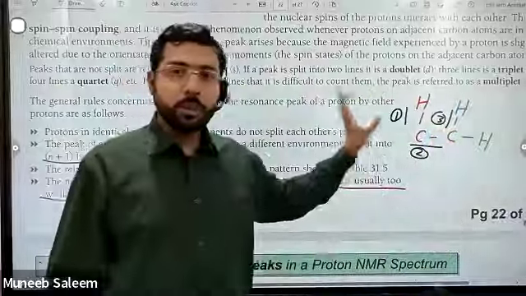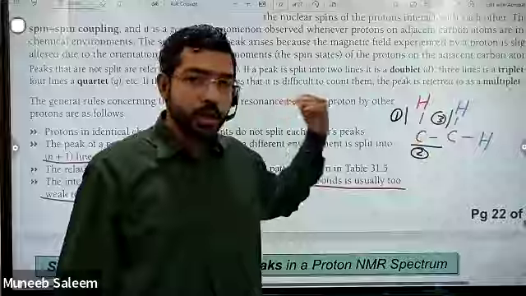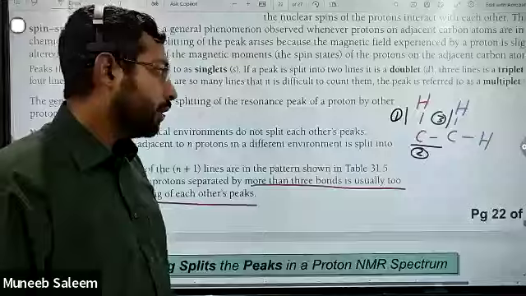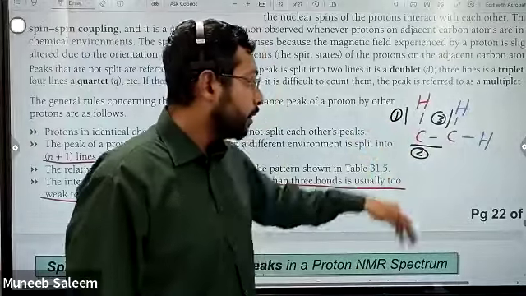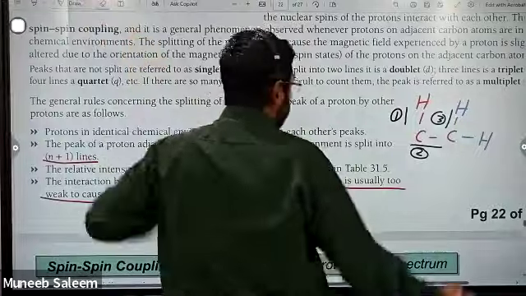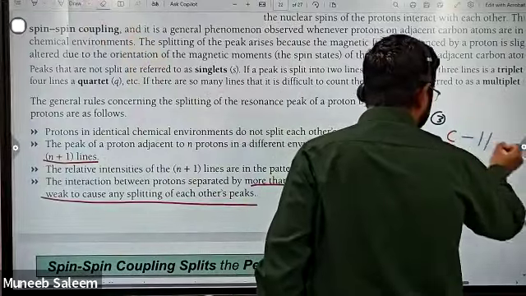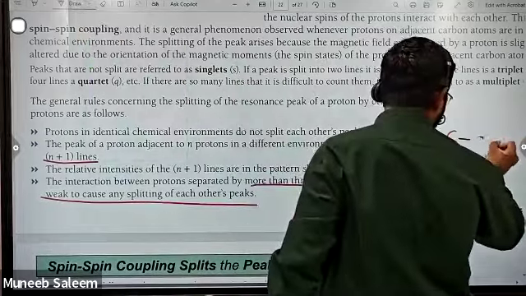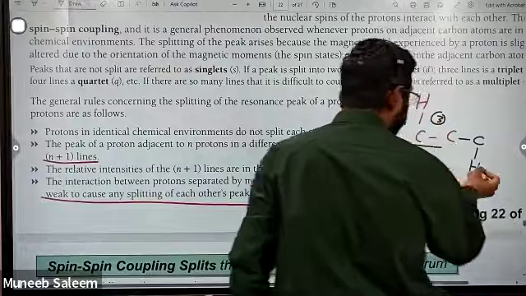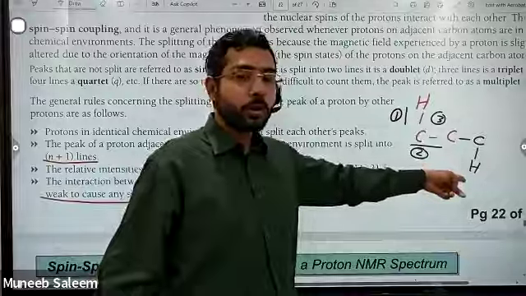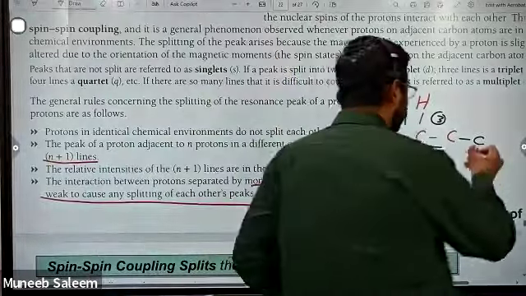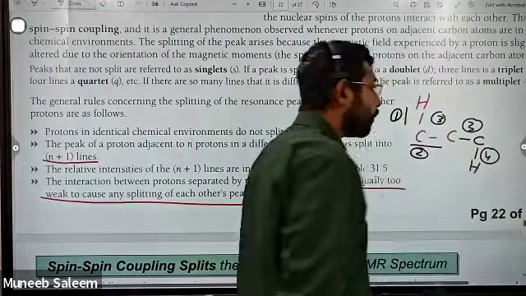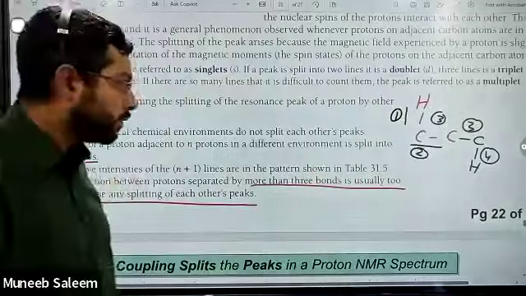So a maximum of 3 bond distance is allowed for creating splitting on the hydrogen of the adjacent carbon. But if the hydrogen is present farther away, let's suppose there was no hydrogen atom on this carbon and there was another carbon over here on which hydrogen was bonded, then this red hydrogen atom could not affect the black one, because in this case the distance would be higher: 2, 3, and 4. 4 bond distance cannot be affected.